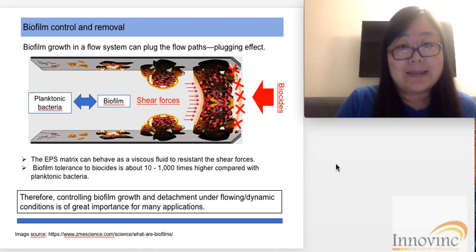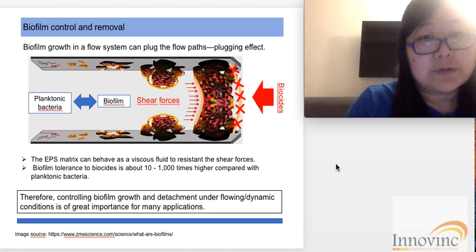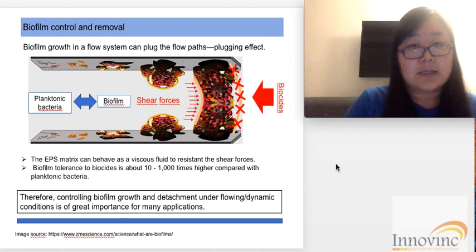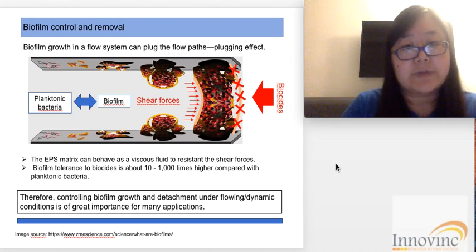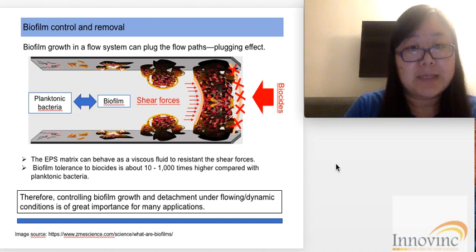And also biocide treatment is very limited in its efficiency, because the effective compounds are difficult to reach inside of the biofilm to kill the cells embedded in it.